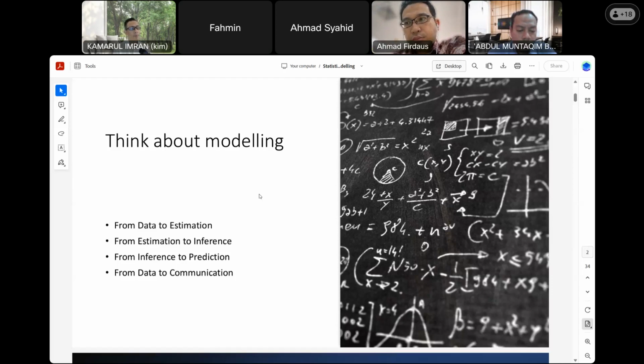But in logistic regression, when we make a prediction, we can predict the log odds, number one. After that, we predict odds. And we can also predict the probability.